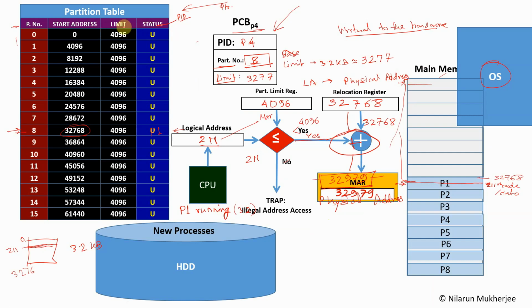In this partitions table we just need to modify it: where every limit was the same, we will have different limits here to signify different partitions have different sizes. Once I get the partition number, I will get the partition start address and corresponding limit.